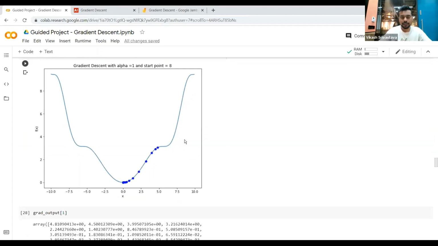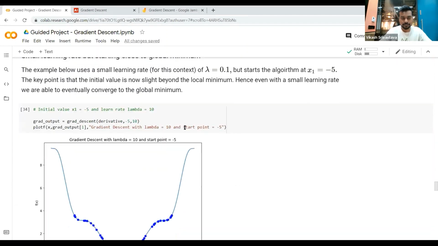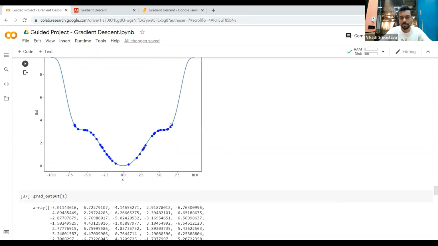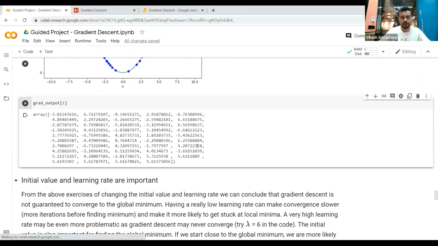We are not able to reach the global minimum, but it got stuck in this local minimum, and there the condition of convergence was satisfied based on the criteria we had defined using epsilon, right? So that's why we are seeing this. Okay, so this is all about gradient descent.